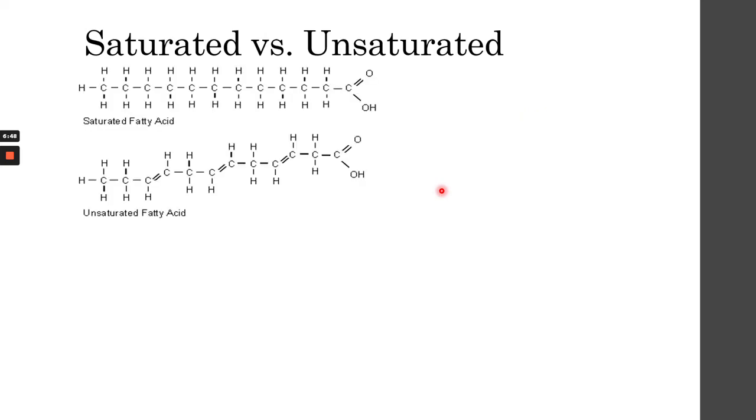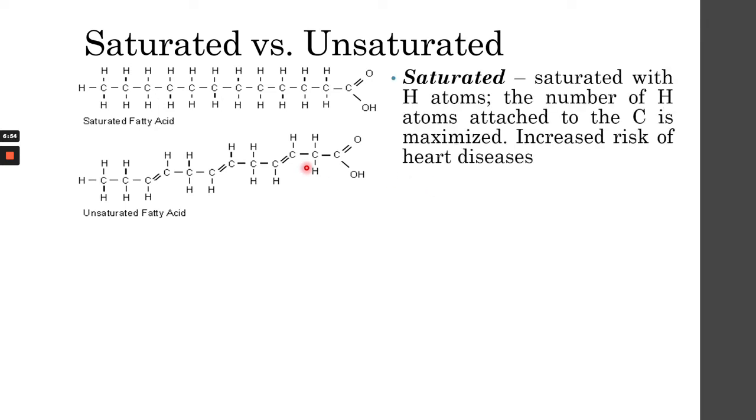Specifically, this is the structure for unsaturated and saturated fatty acids. So we're talking about saturated having single bonds between carbons. The reason that we call it saturated is that we're saturating the carbons with hydrogen groups. What does that mean? It means the number of hydrogens attached to carbon is maximized.